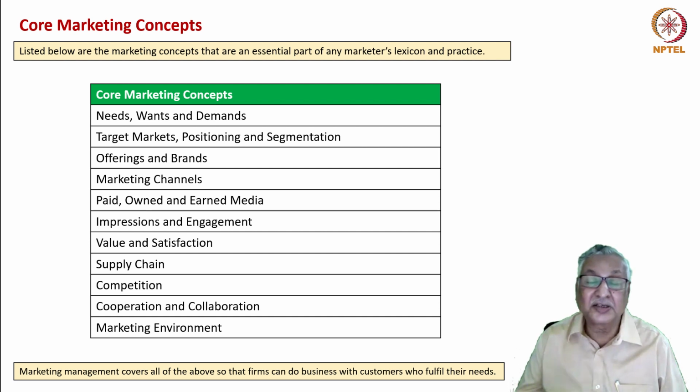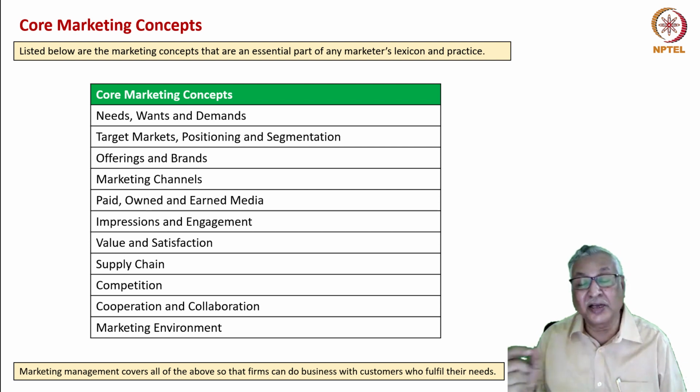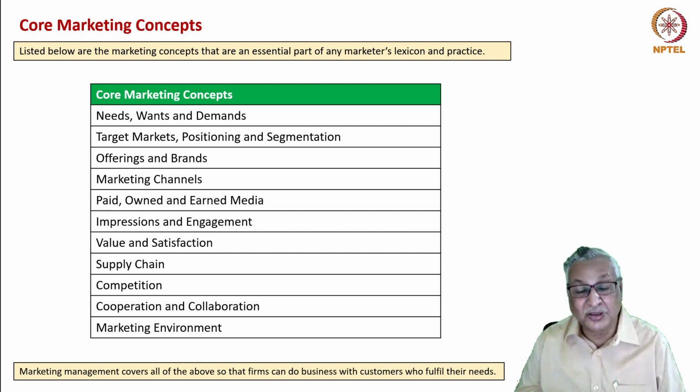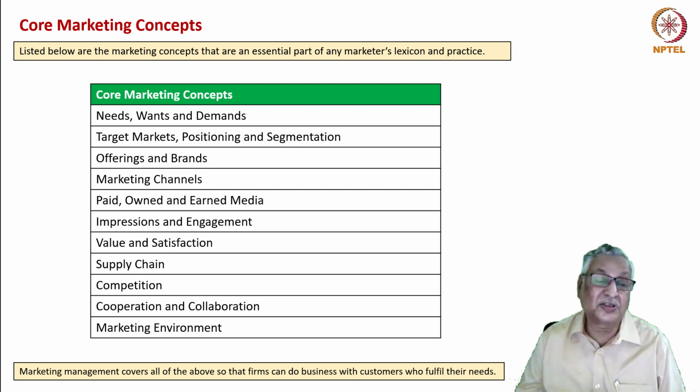Similarly, in the context of advertising in the digital marketplace, impressions count, eyeballs count, clicks count, and the footfalls are converted into actual engagement, which again is converted into actual purchase. They're all core marketing concepts. The satisfaction the customer derives from the purchase transaction and the impressions the customer carries are again important concepts.